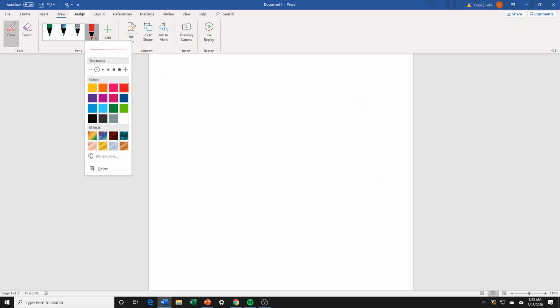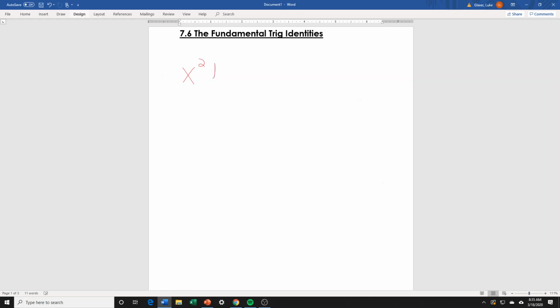It's a fundamental trig identity. So, x squared plus y squared equals 1. And you remember yesterday we learned that x corresponds with all of the cosine values on a unit circle, and y corresponds with all the sine values. So we can rewrite this.